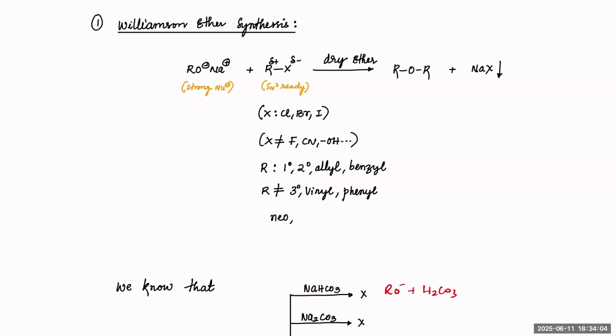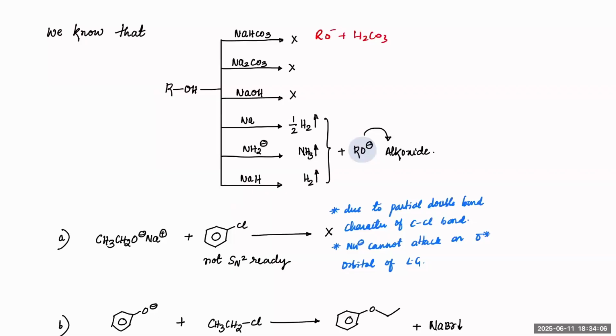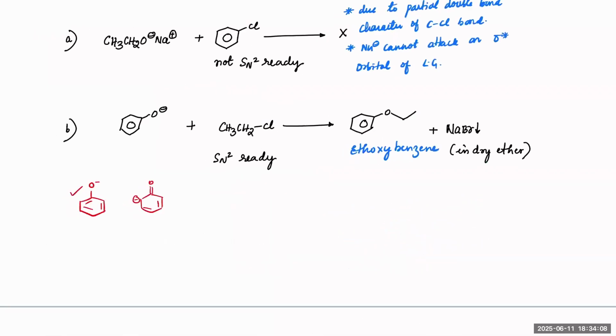Next. Check out this one. Ethoxide reacting with this one, but this is not SN2 ready, so no reaction will take place. This is SN2 ready, so the reaction will take place and you'll get this as the product, ethoxybenzene.